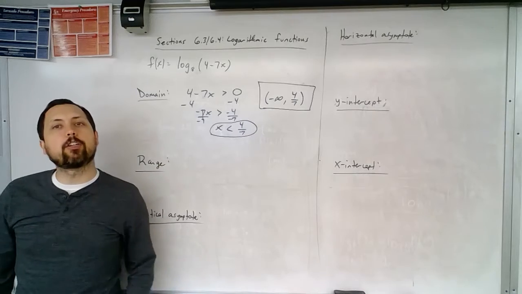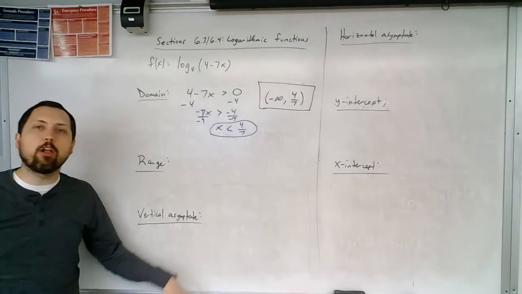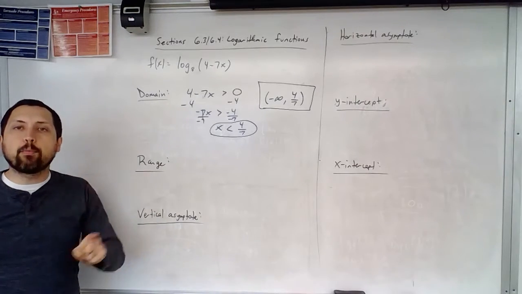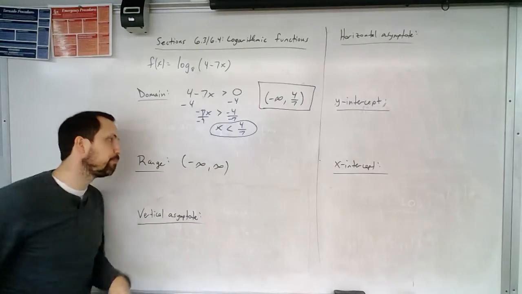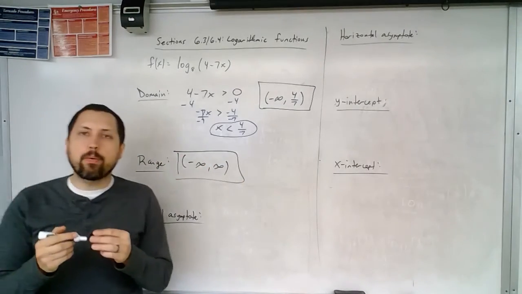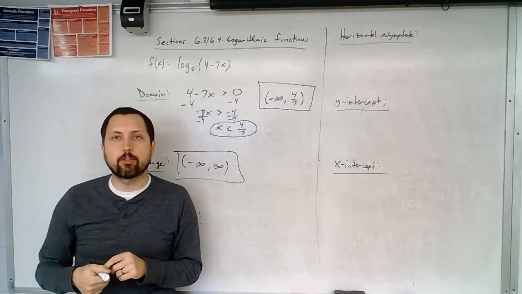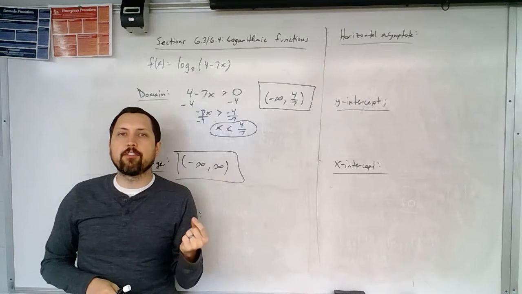The range of the function, if you remember, the range was going to be all of these different y values, and we said that this was going to be negative infinity to infinity. So what we said back with exponential functions, remember, the domain of an exponential function is always negative infinity to infinity.